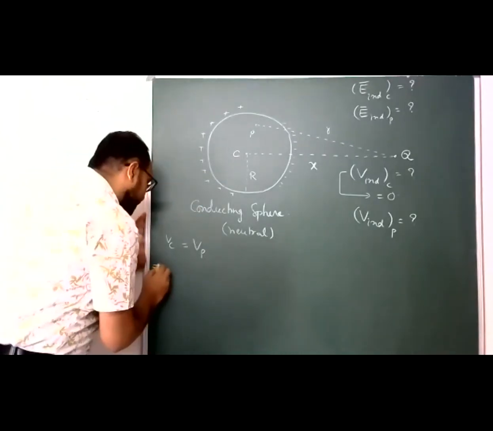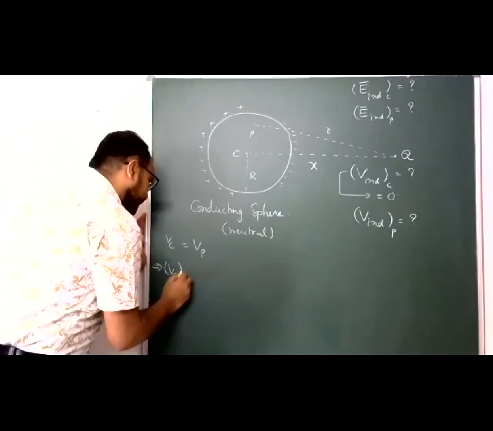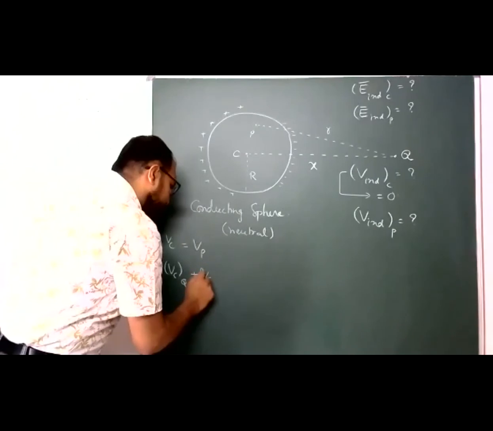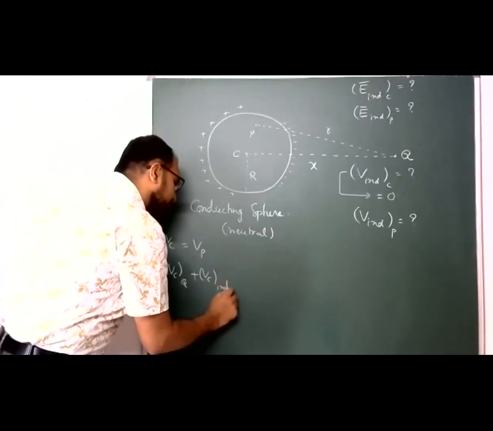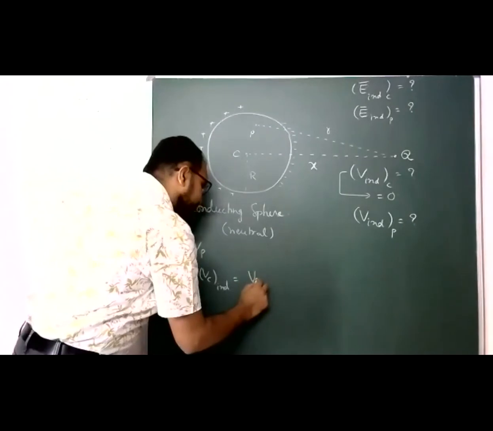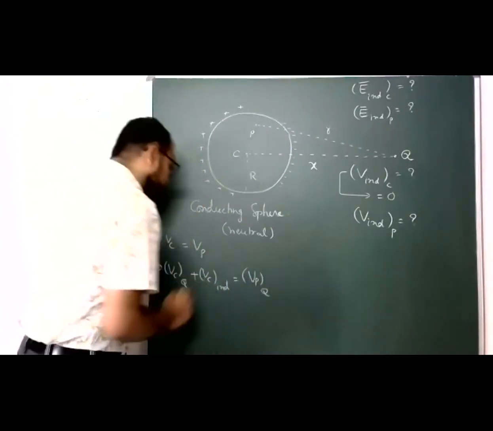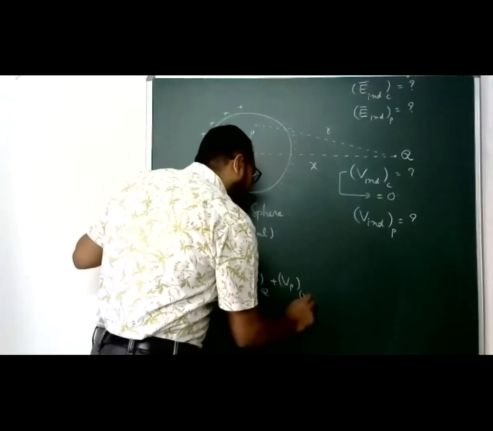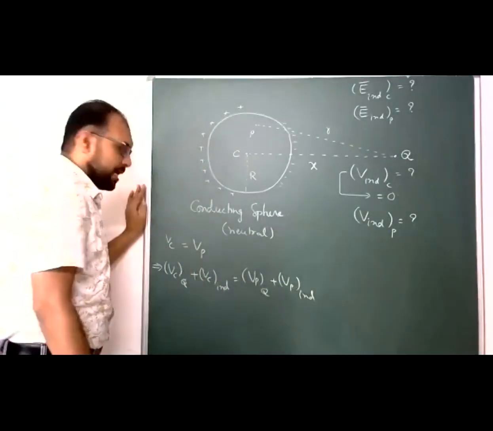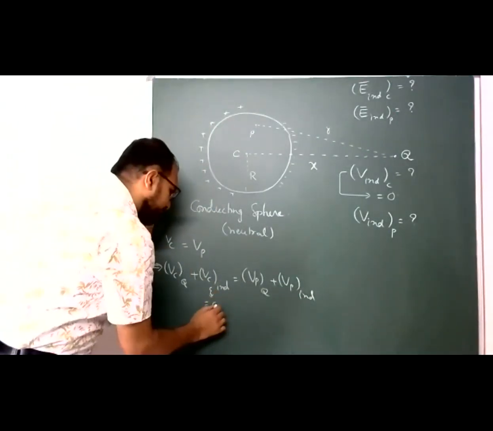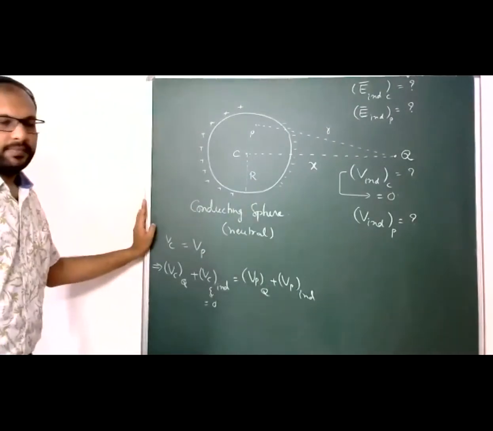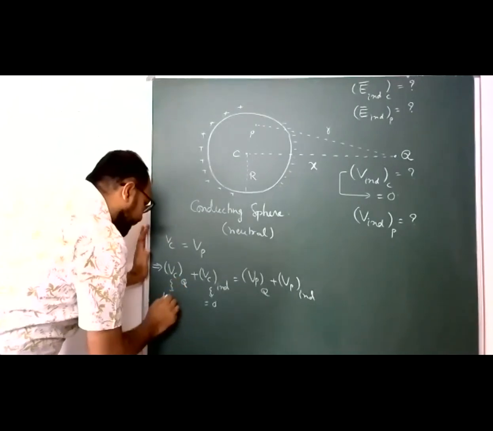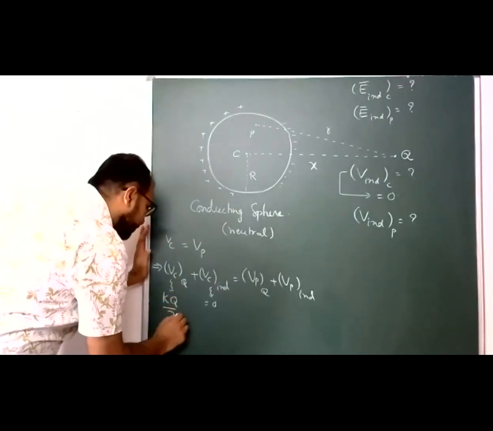Potential at point C due to capital Q plus potential at point C due to induced charges equals potential at point P due to the outside charge plus potential at point P due to induced charge. But the induced-charge term at C is zero, already completed. Potential at point C due to Q is KQ divided by x.